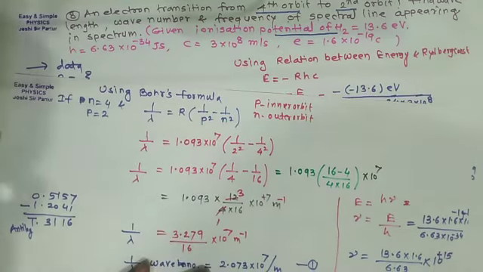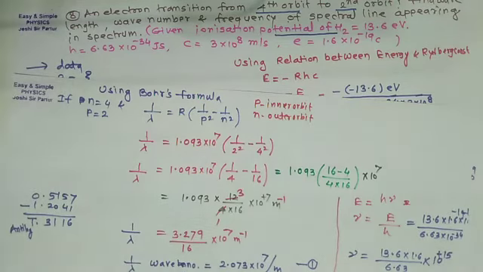So by taking logarithm, the log of 1.6 will be 2041, and the log of 13.6 is 1335. Their addition will be 3376 minus 0.8215. Their subtraction will be 0.5161.